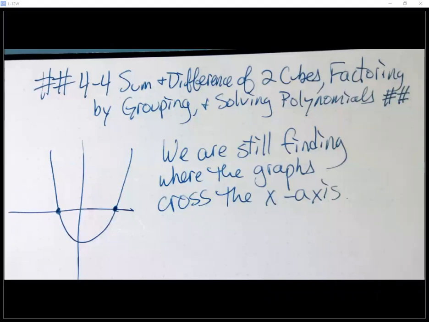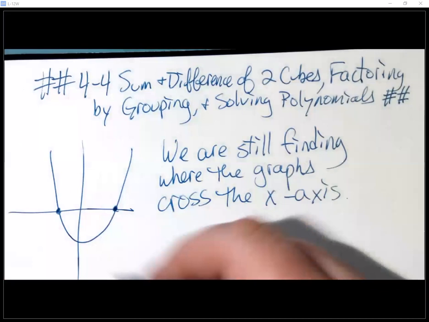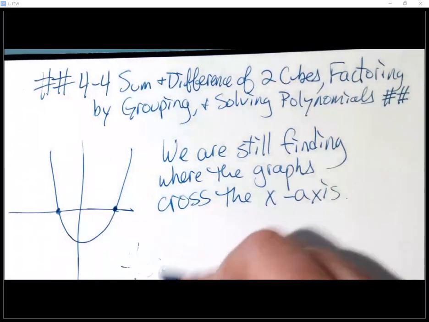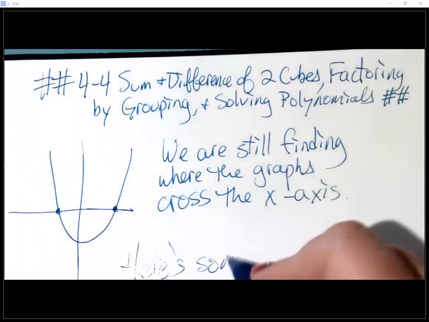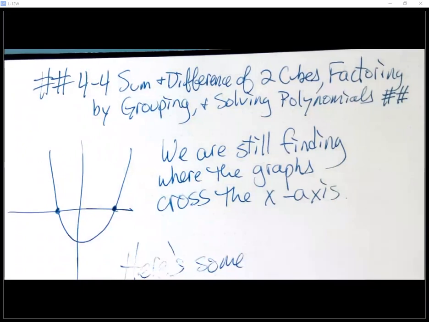So today we're going to look at 2 different ways to solve polynomials. First is if I happen to have the sum or difference of 2 cubes, we can factor and solve from there. And factoring by grouping, which you already know how to do.